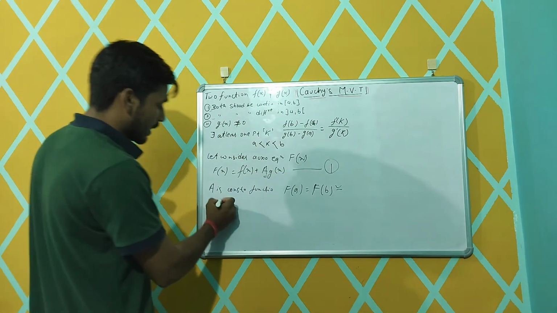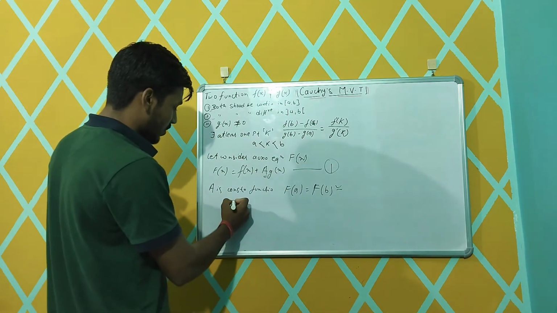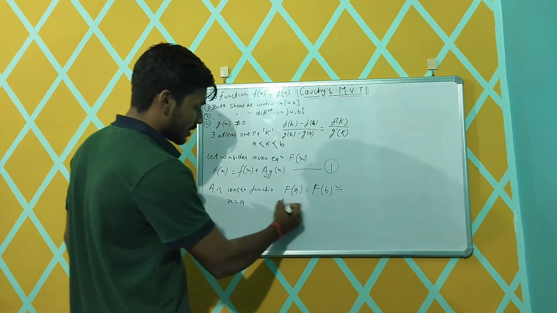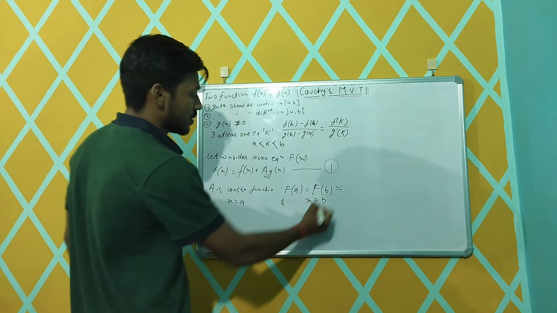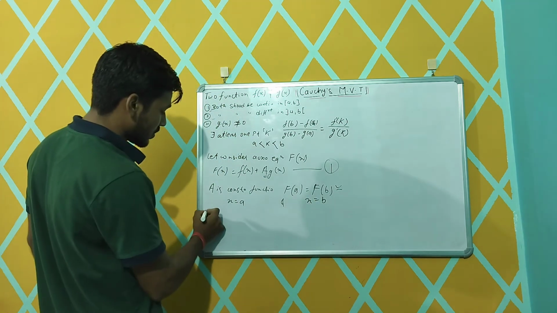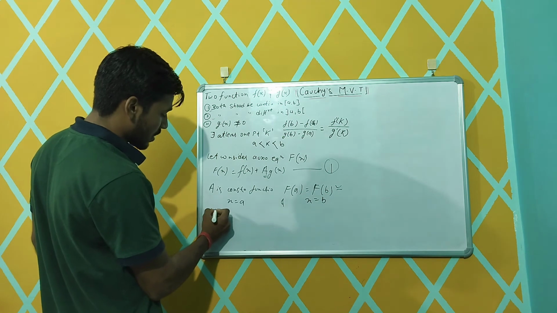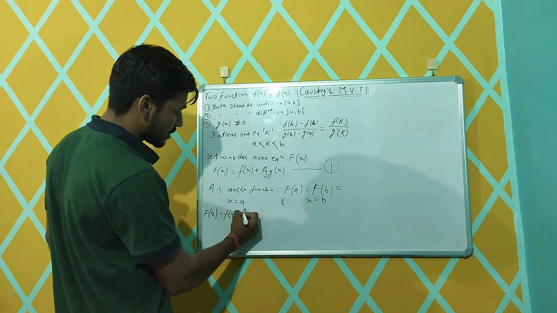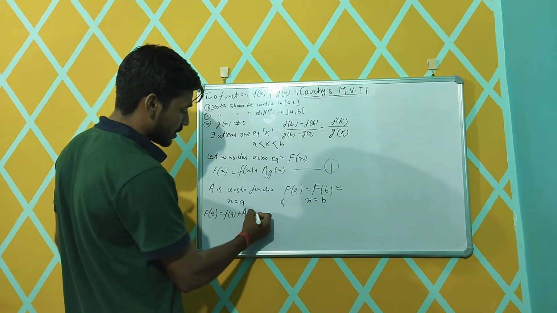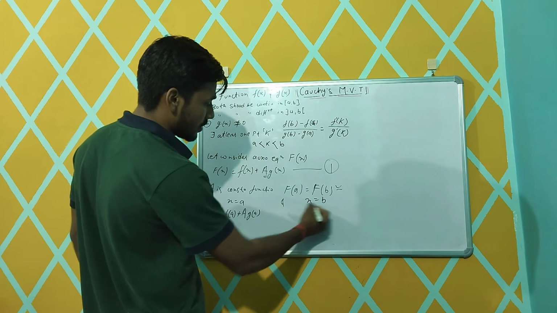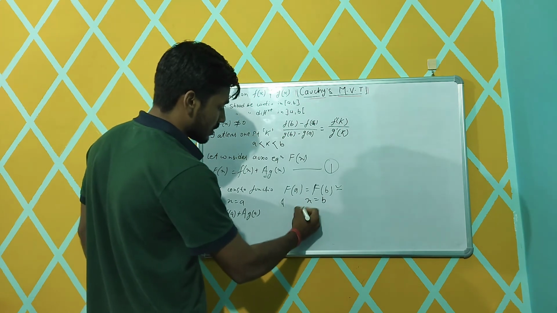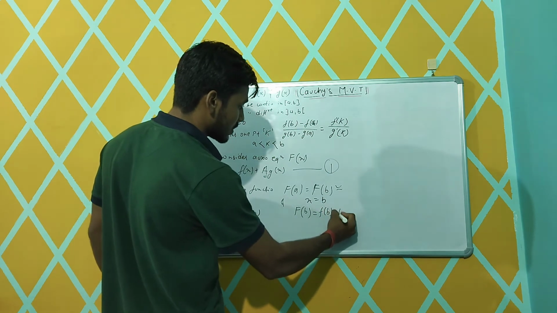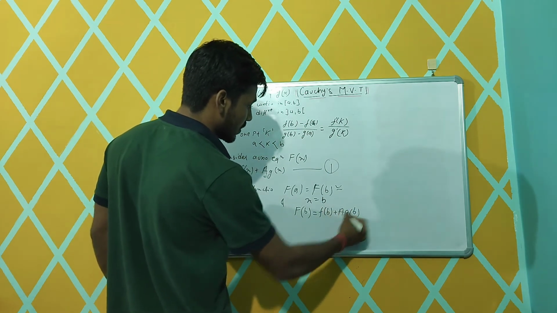In equation 1, if we put x equal to a, and simultaneously x equal to b, the equation will be F of a equal to f of a plus a times g of a, and F of b equal to f of b plus a times g of b.